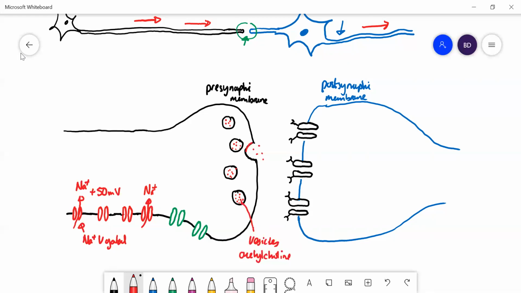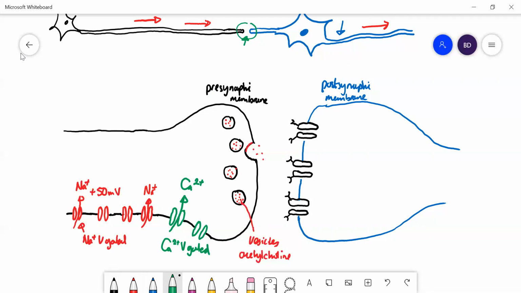And then these little green ones, these aren't sodium voltage gated channels, these are calcium voltage gated channels. And when the membrane potential increases up to 50, when you get depolarization, calcium ions are going to flood into the cell because the extracellular calcium concentration is a lot higher than that inside the cell.